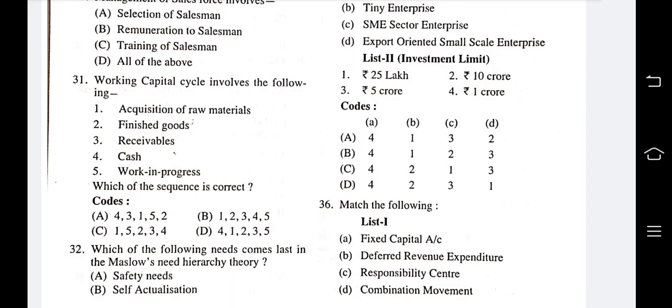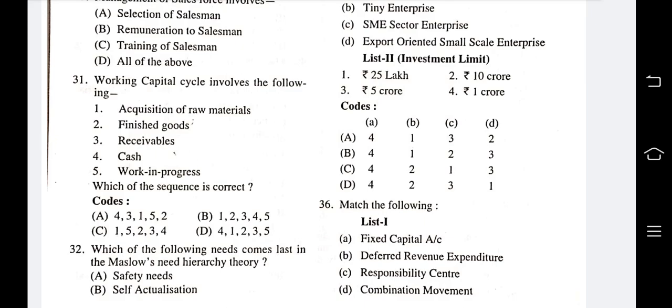Working capital cycle: acquisition of raw material, then work in progress, then finished goods, then receivables, last is cash. Option should be C.